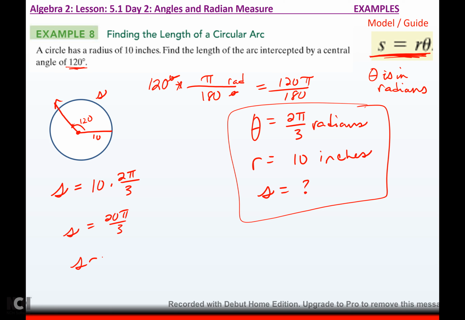To round, 20 pi, enter, divided by 3. Make sure that your mode is in radians or you will not get the right answer. So my arc length is going to be 20.94 inches. Okay?